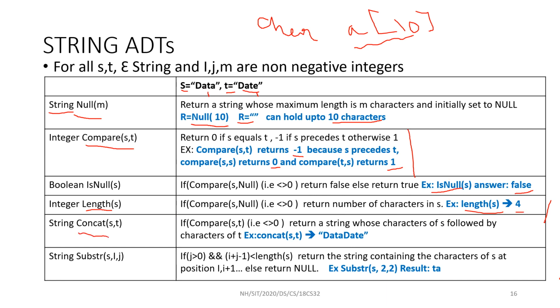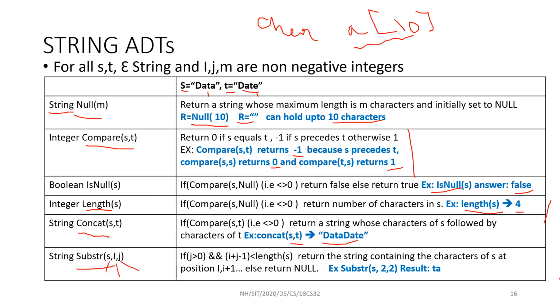Two strings can be joined with the function concat. I'm going to concatenate S and T. I can concatenate if they are not null, if at least a character is there. So here after concatenation, S and T are joined. T is placed after S, giving datedate. I can also extract a part of the string from this S. How many characters, and from which place?